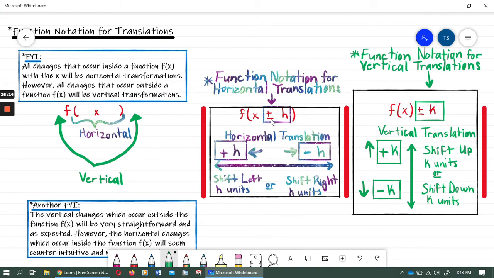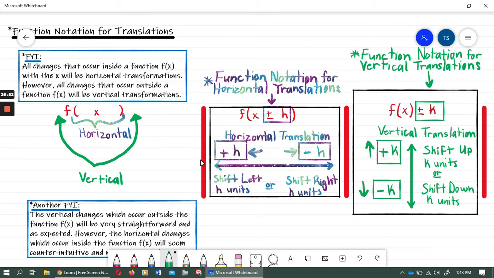Not just any type of change, but where you are adding some number to the x or subtracting some number from the x. The general form looks like this: f of, and inside the function, not only the x, but x plus some number, or x minus some number.